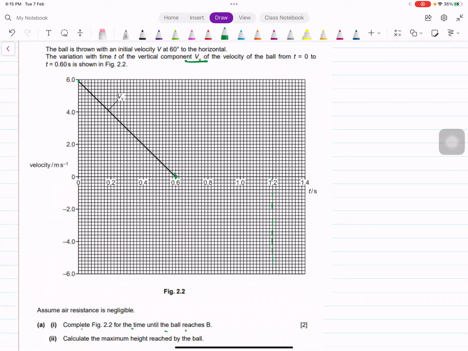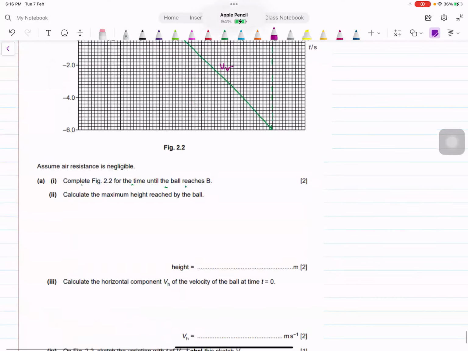This software is not cooperating, so I just need to draw a straight line to here. Okay, never mind. You just need to draw this line. This is how vertical velocity changes. And if they say draw the horizontal velocity at any point, the horizontal velocity will be a constant line like this. All right, everybody understand this? Okay, so this would be all.